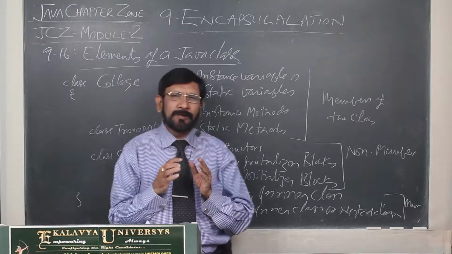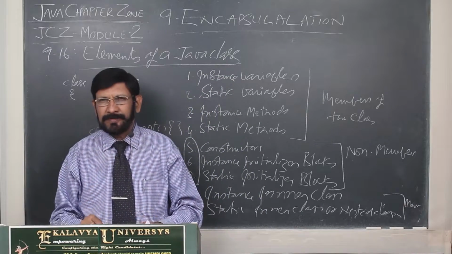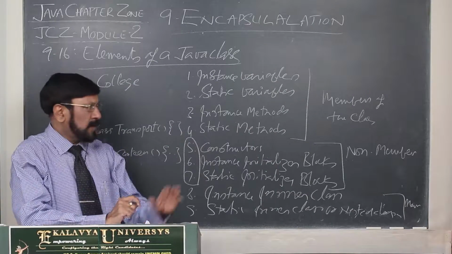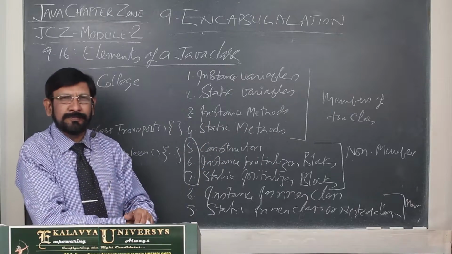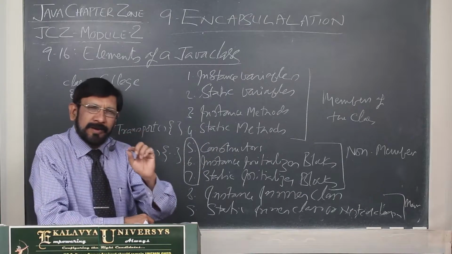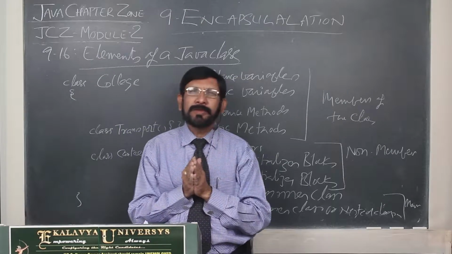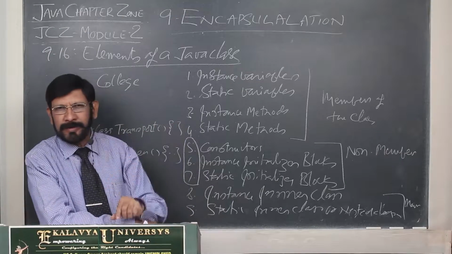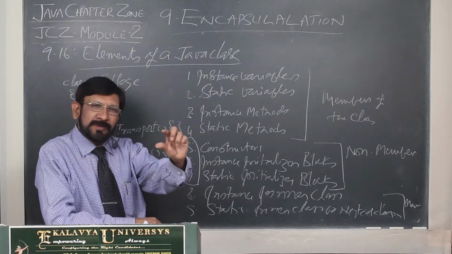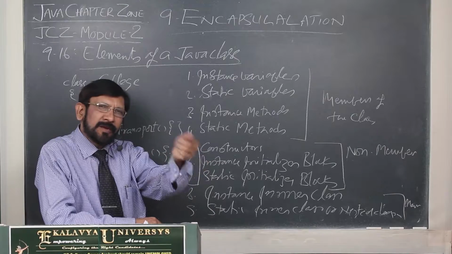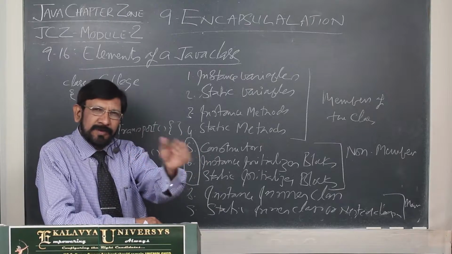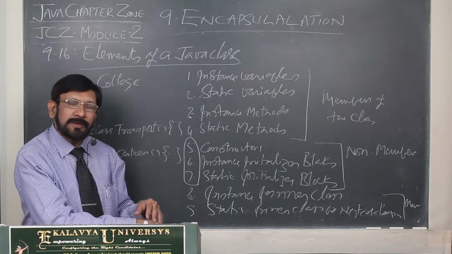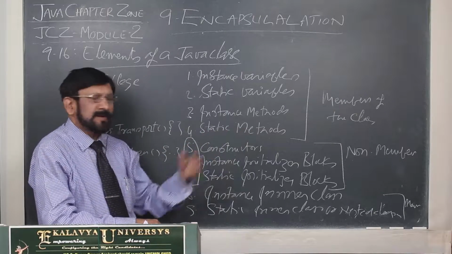Static methods. Sometimes we have to create some utility method which is commonly used for all the students. Suppose calculating the grade of the student. If you want, nobody will force you to do that. If you want to create evaluating grade of an individual student as a utility method, you can declare it as a static method.